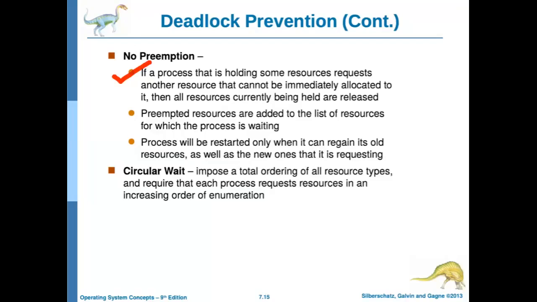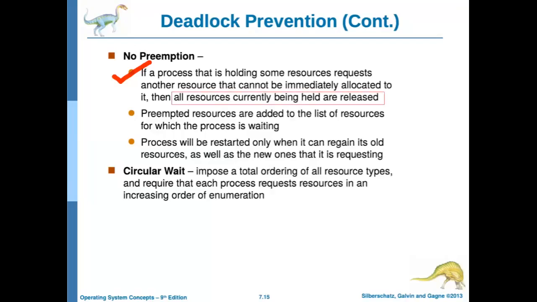So one of the solutions is, if you cannot get the required resource right now, then all resources currently being held will be released. For example, for process T1, R1 and R2 are required.